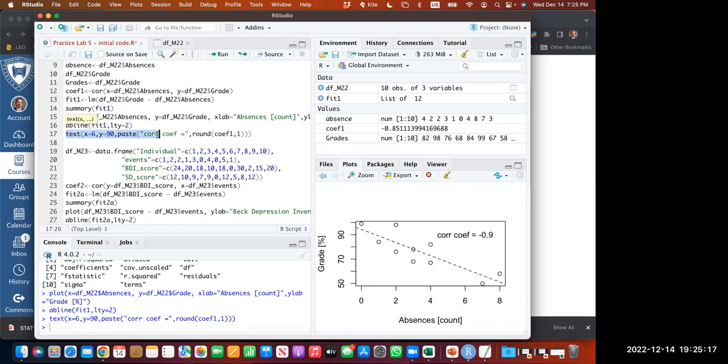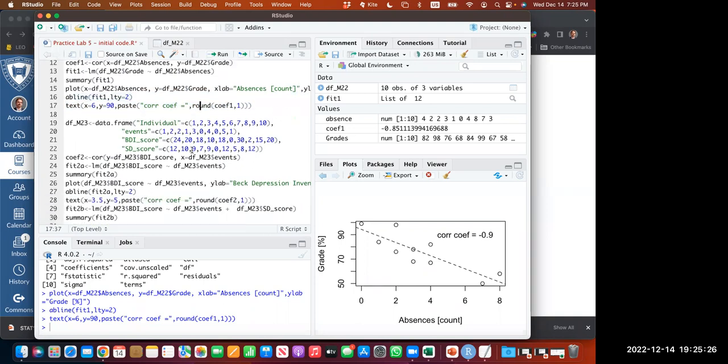Then with text, you're just adding some text, adding the correlation coefficient here after a comma. If you play around with it, you will see what that all entails. Lines 19 to 22 are our correlation example. Any questions? I think it's simple to run. It's quite intuitive what to do, right?